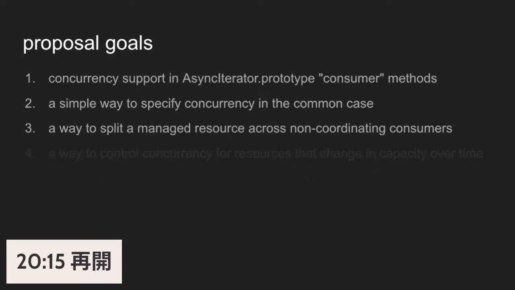And I want to do a bunch of different things to it, and I don't care how that's split up across the different workloads. I just care that at no time are there more than 5 connections going on at the same time. So how do we solve that? This is what we're calling non-coordinating consumers. These are different operations that are happening, but they won't talk to each other at all. They just want to say, if the resource is available, I want to use it.